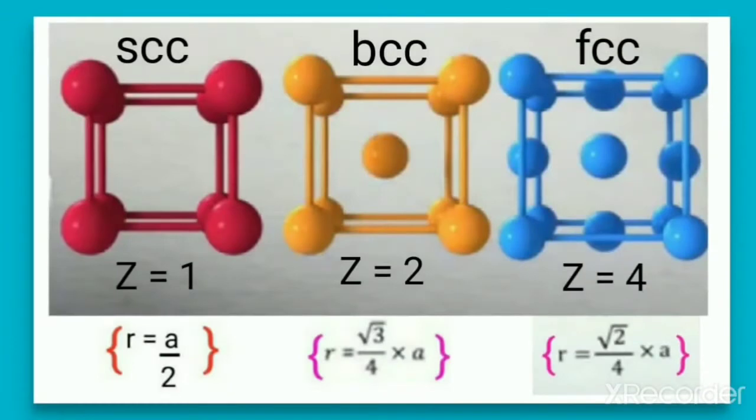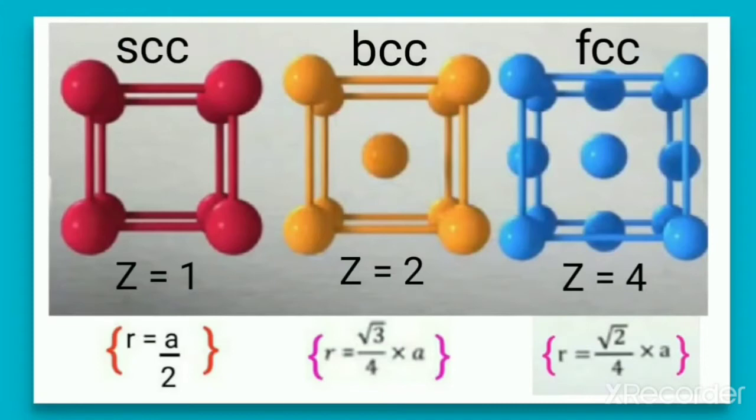So recall some points which we have already discussed. In a simple cubic unit cell, particles are at the corners. So here the number of atoms we have calculated is equal to 1. Here the radius and edge length relation we have found out: r is equal to a by 2. In BCC, particles are not only at the corners but also at the center. Here the number of particles is equal to 2.